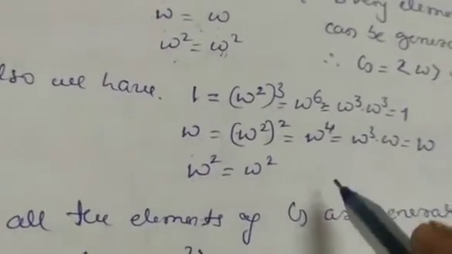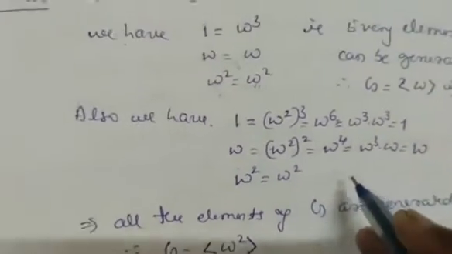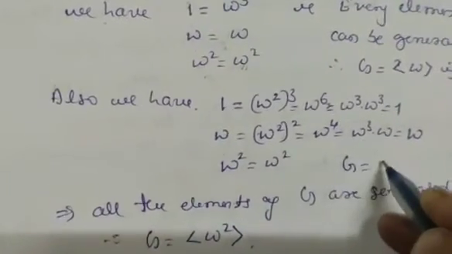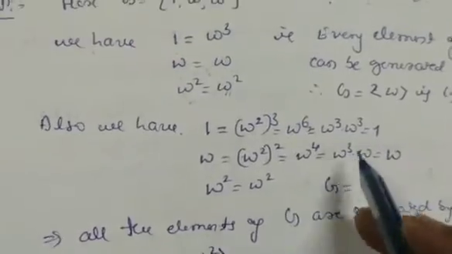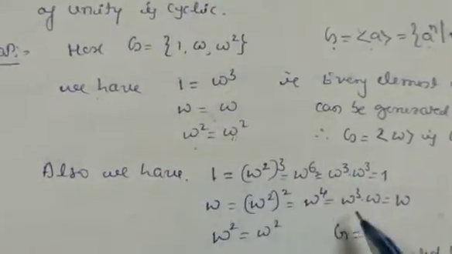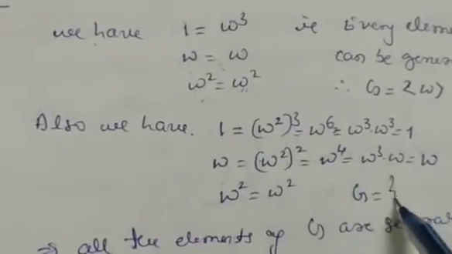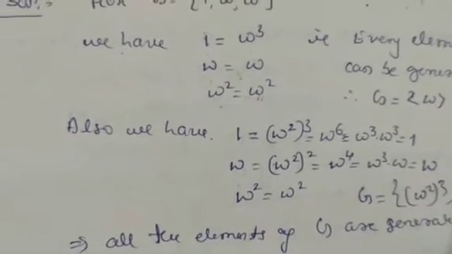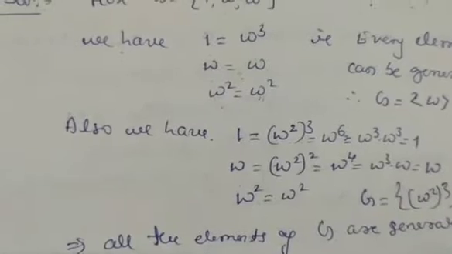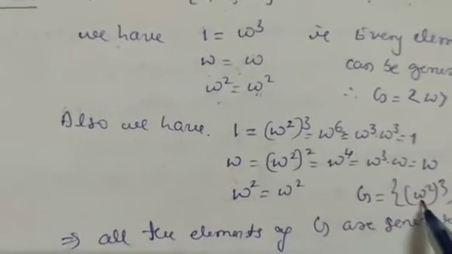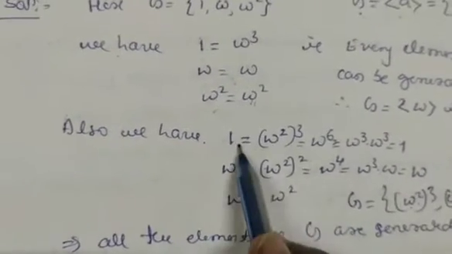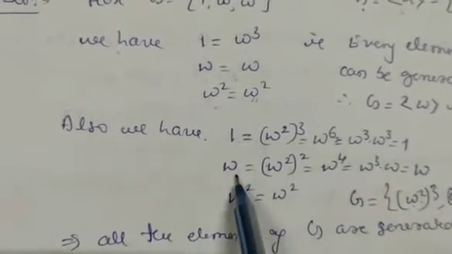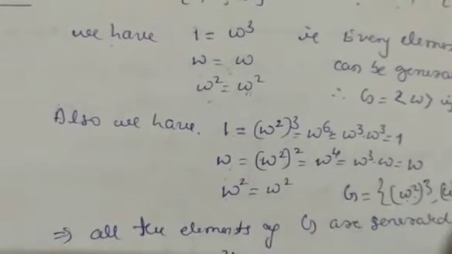So now what can we say? G is {1, omega, omega square}, and it can also be written as omega square whole cube, omega square whole square and omega square. Because omega square whole cube is again 1, omega square whole square is omega, and omega square is omega square only.